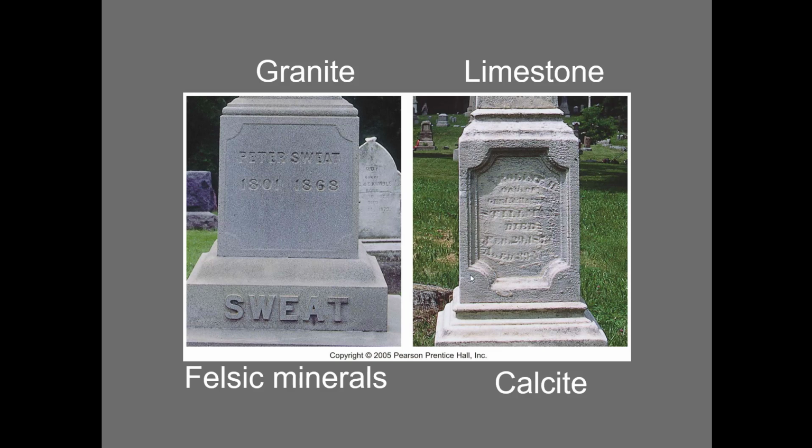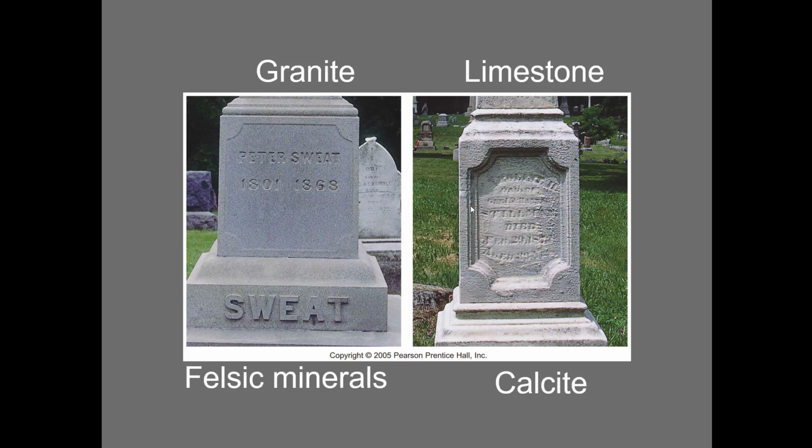So what that means is that when it rains, calcite or limestone, which contains the calcite, will begin to weather, and it will begin to chemically react, and it will begin to lose some of the definition that you see. So if you're looking for a discount gravestone, limestone and marble are your best deals, while granite is certainly more expensive, and that's because it breaks down slower.